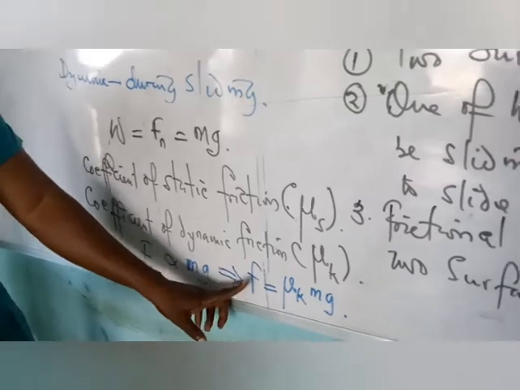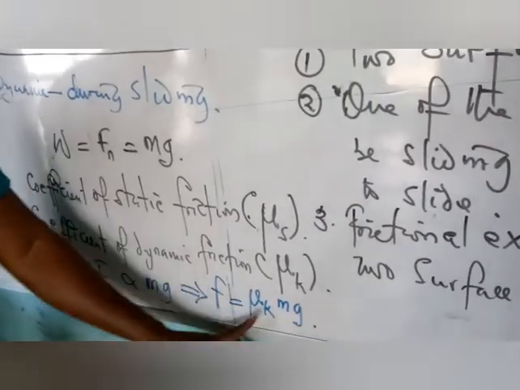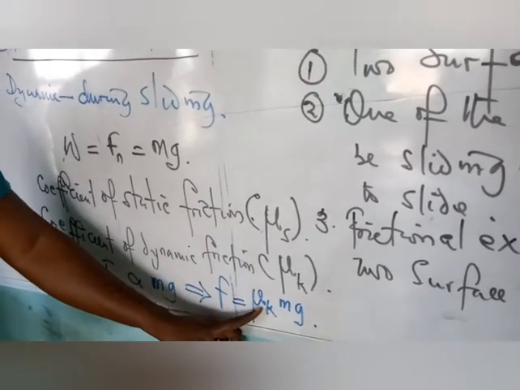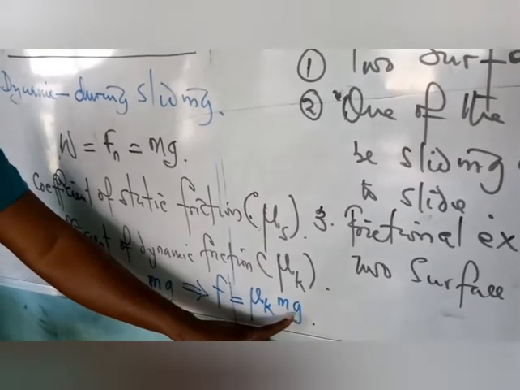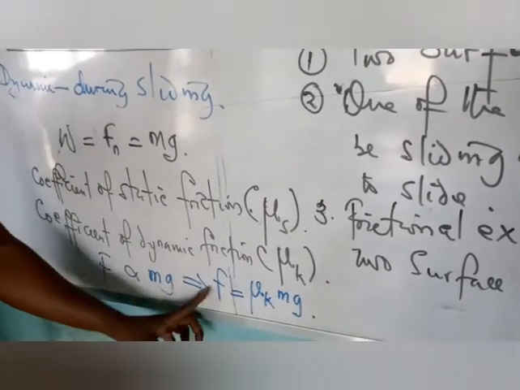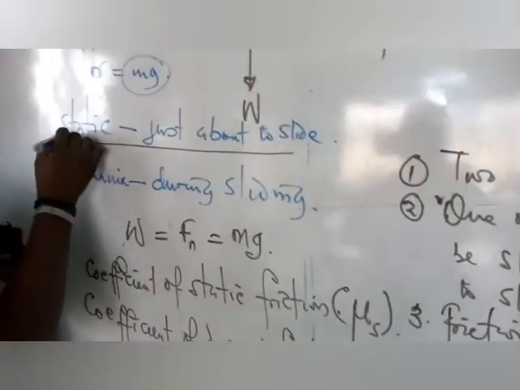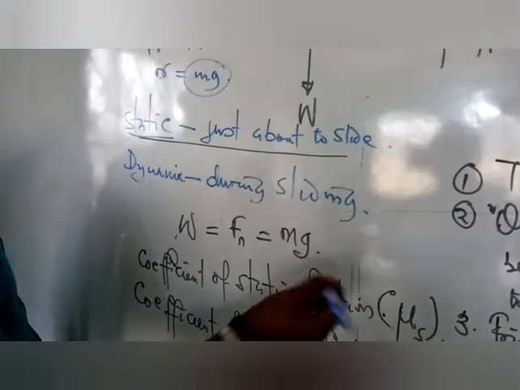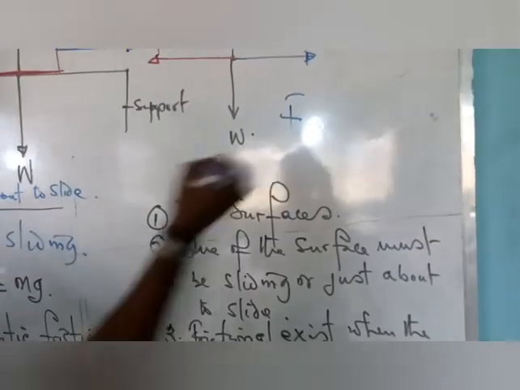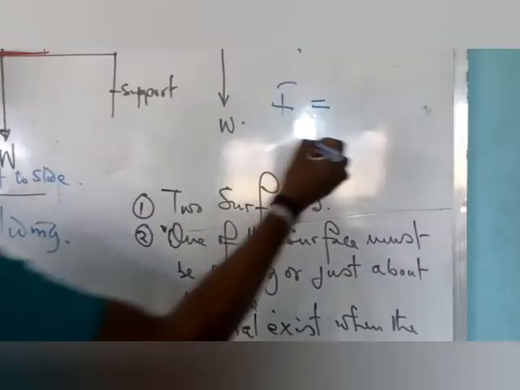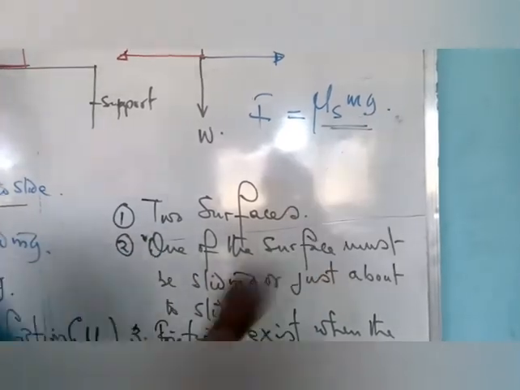This implies that frictional force is equal to mu k mg, the coefficient of dynamic or kinetic friction times mass times acceleration due to gravity. Now, if the body is static, about to slide, the frictional force is equal to the coefficient of static friction times mass times acceleration due to gravity.